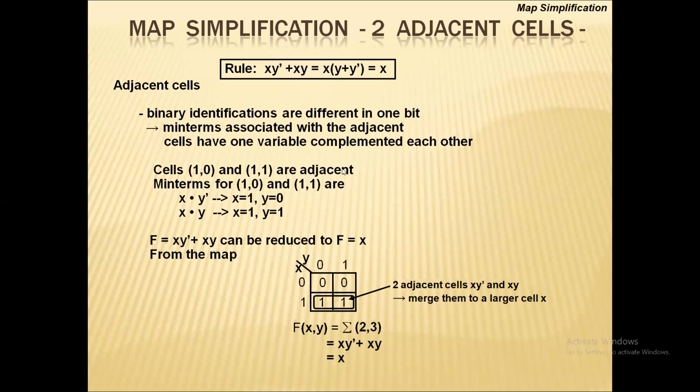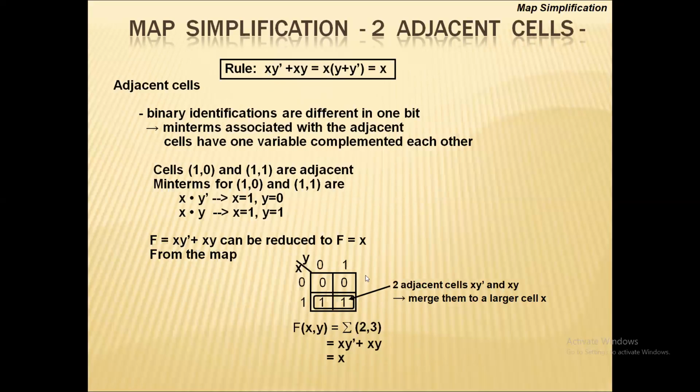Suppose we are having f is equal to x y bar plus x y. So it is simply the number of 1s will be 1 0 and 1 1. That is summation of m of 2 and 3.